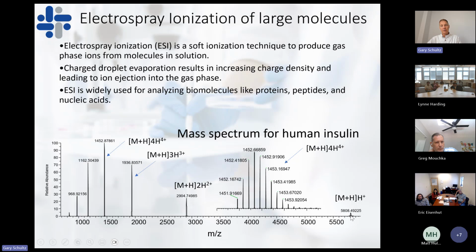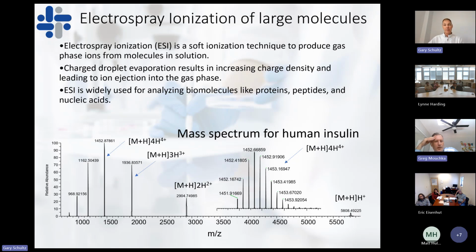Then you can measure this nominal mass to within just a couple of ppm of mass accuracy. To be able to measure insulin to the third or fourth decimal point on the mass is quite remarkable.